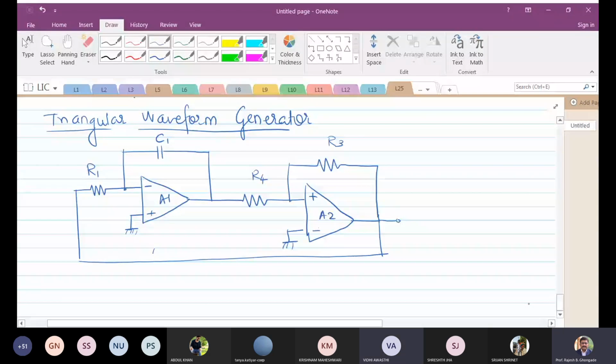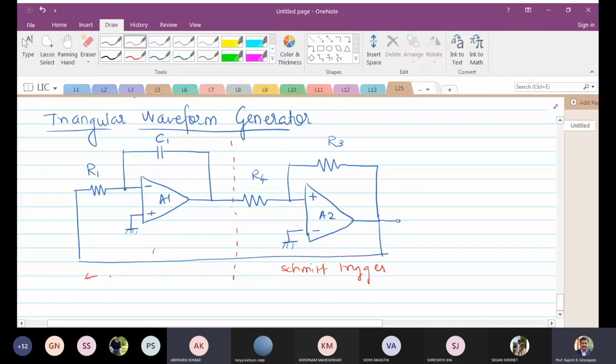The second one is a non-inverting Schmitt trigger. Very good. So this is a Schmitt trigger. What about this?